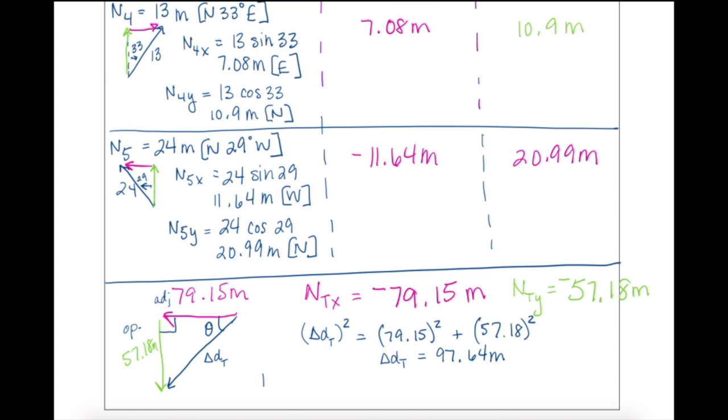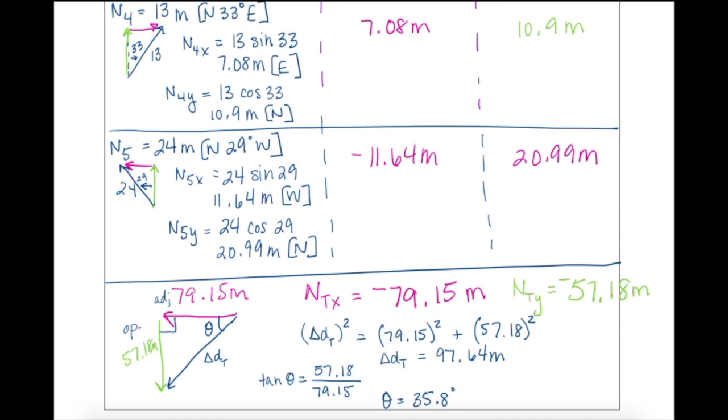So tangent of theta equals opposite, 57.18 over our adjacent, which is 79.15. And so whenever we solve for theta, we should get that our angle is 35.8 degrees.